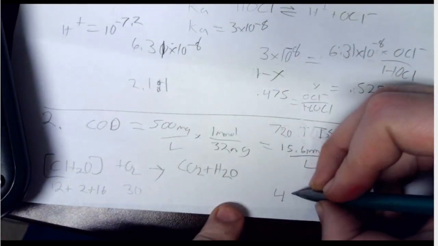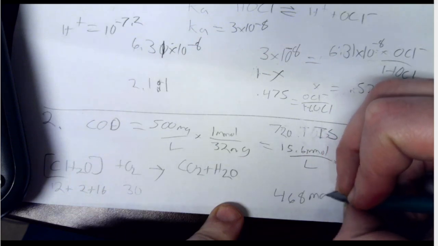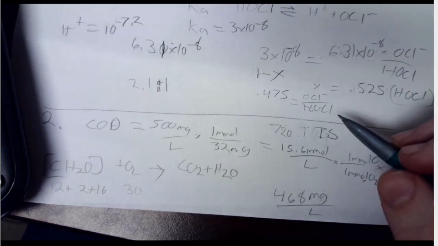So at 15.6 times 30, we would have something like 468 milligrams per liter of that carbon.